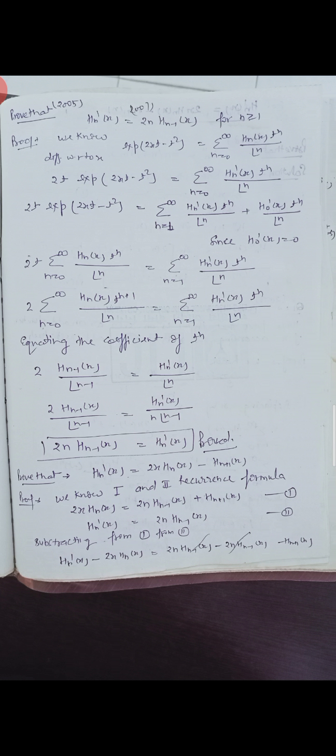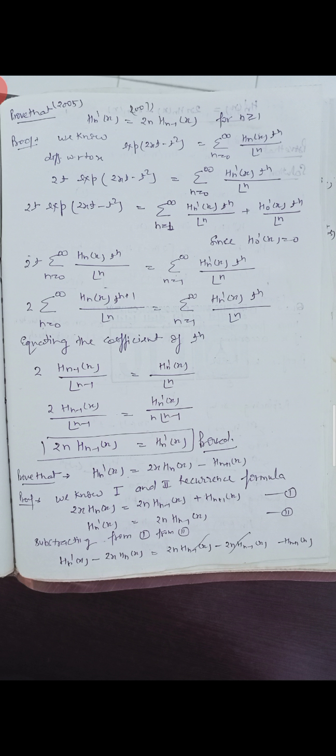This is 2t exp(2xt - t^2) = summation n=1 to infinity Hn'(x) t^n/n! plus H0'(x) t^n/n!. Since H0'(x) = 0, this can be written as 2t summation n=0 to infinity Hn(x) t^n/n! = summation n=1 to infinity Hn'(x) t^n/n!.